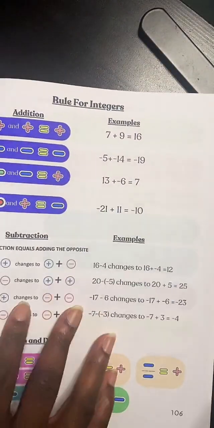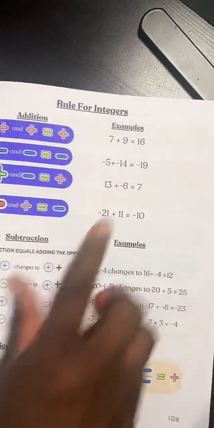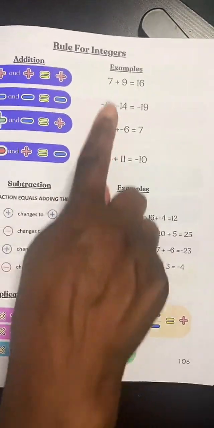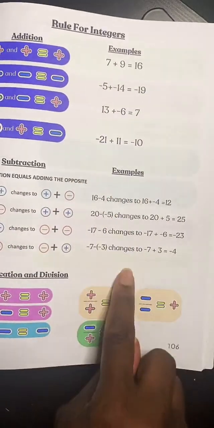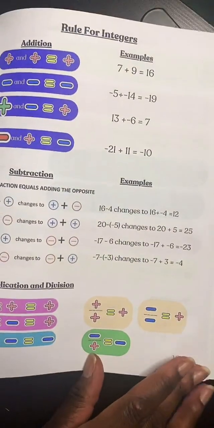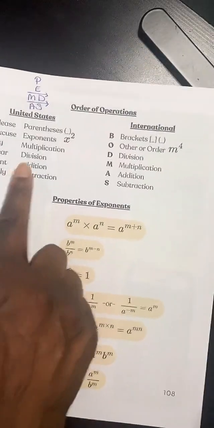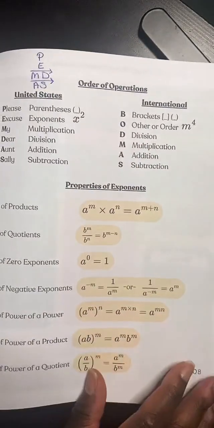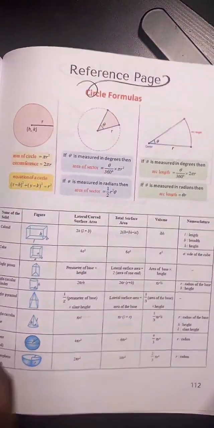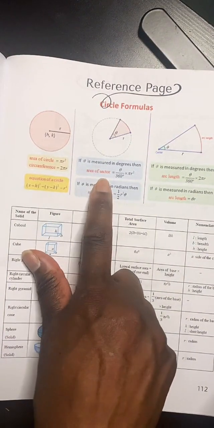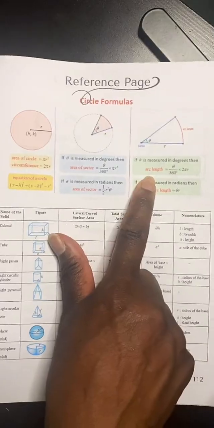Then also quick reminders of the rules of integers with addition and some examples, subtraction with some examples, and multiplying, dividing, as well as the order of operations, the properties of exponents, properties of quadrilaterals. I also did a little bit with area of the sector, arc length.